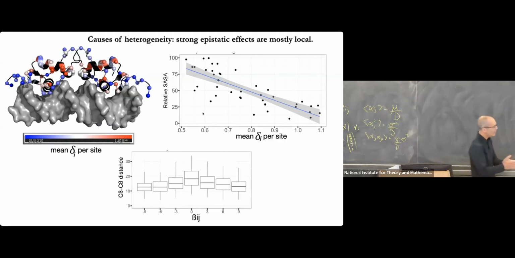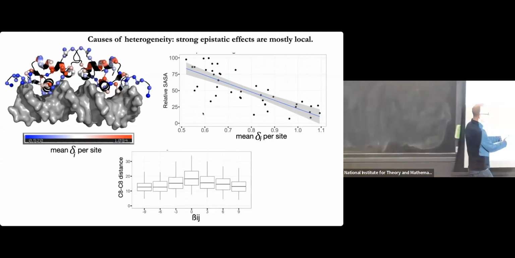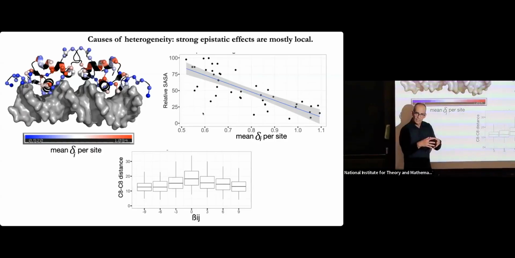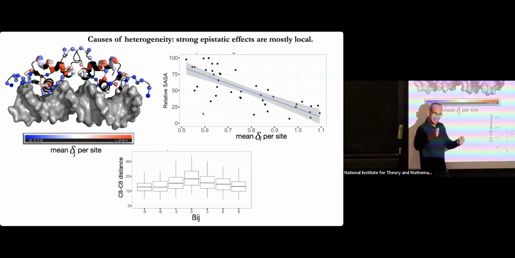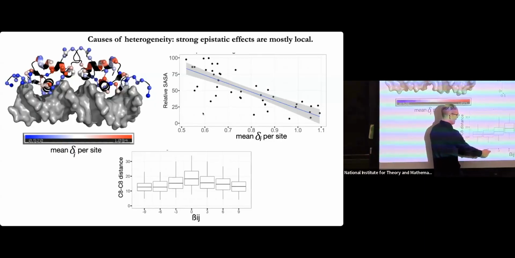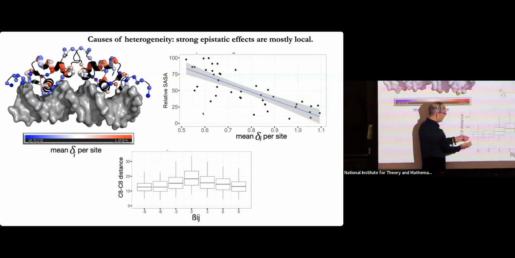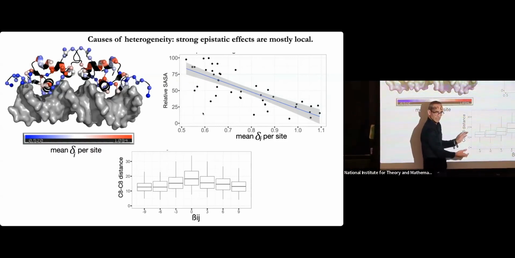And if we plot the distribution of the magnitude of the individual epistatic couplings versus the distance between two residues, you can see that the strong interactions along the edges are enriched for close local interactions.